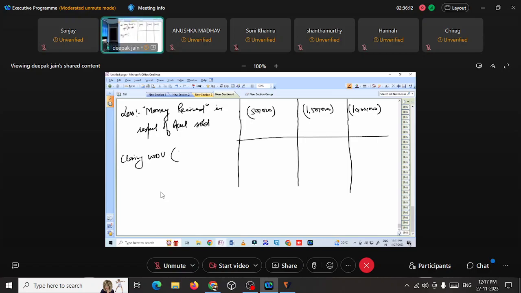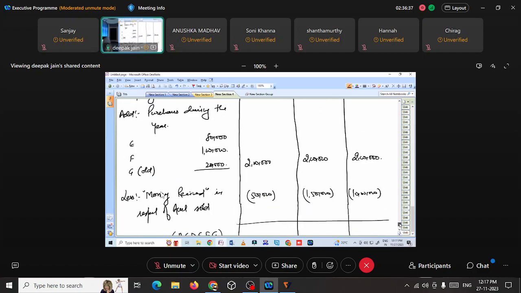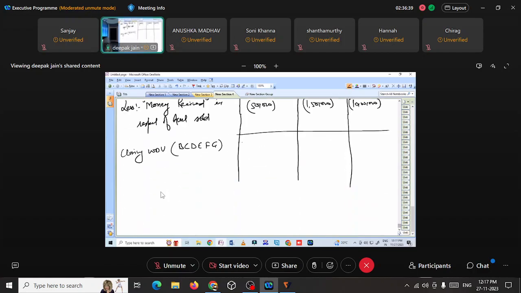Asset A has been sold, na. B, C, D, E, F, G. So this one is closing WDV. How much is the closing WDV, beta? Use the calculator. 7 lakh minus 50, 650.